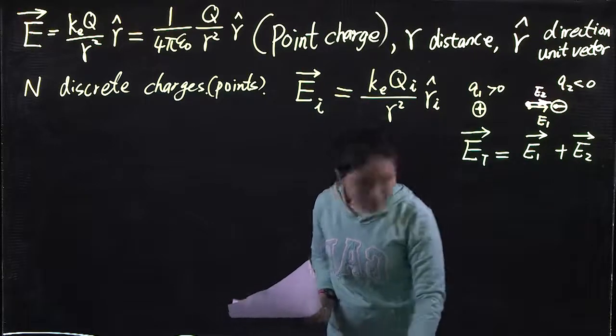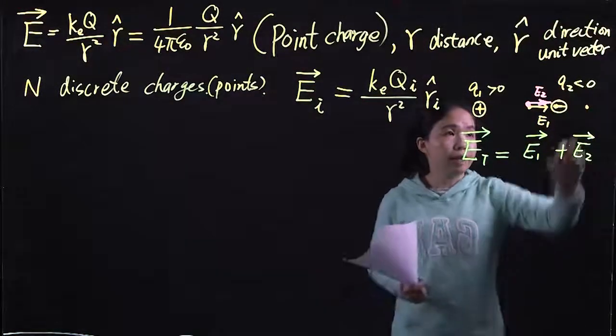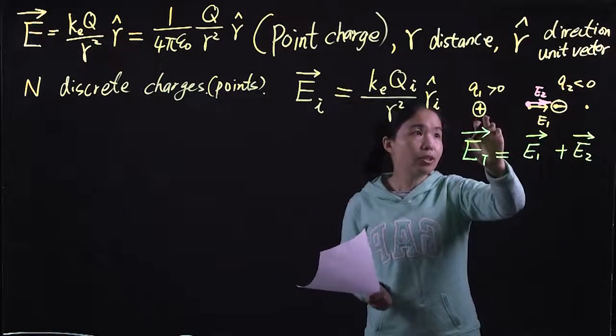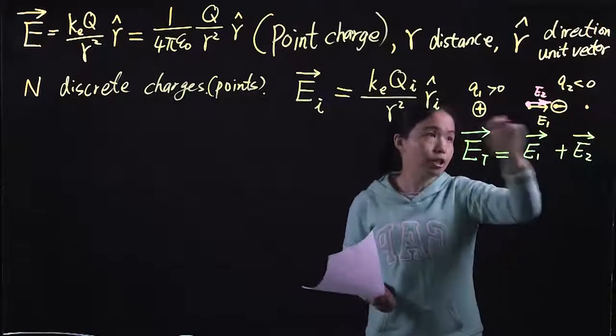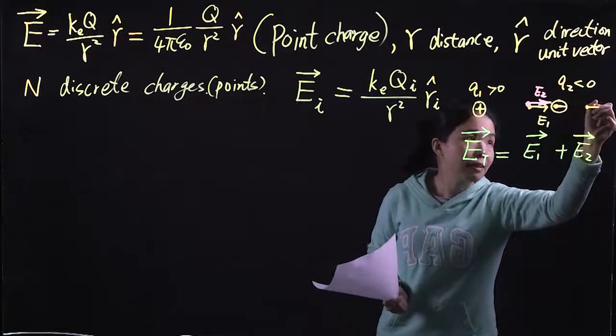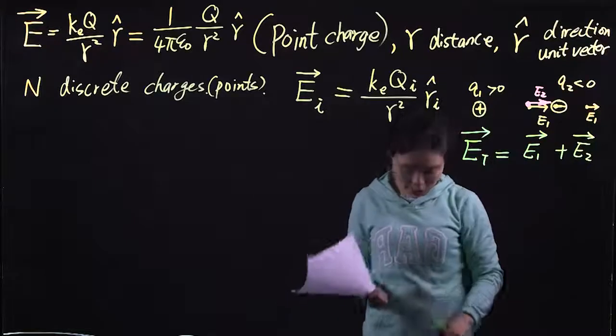For example, what happens if you are located here? If you are right here, the first charge is going to give you an E field pushing away from the positive charge. And because you are very far, this field is not very big. It's a small amount of E field coming from your first charge.